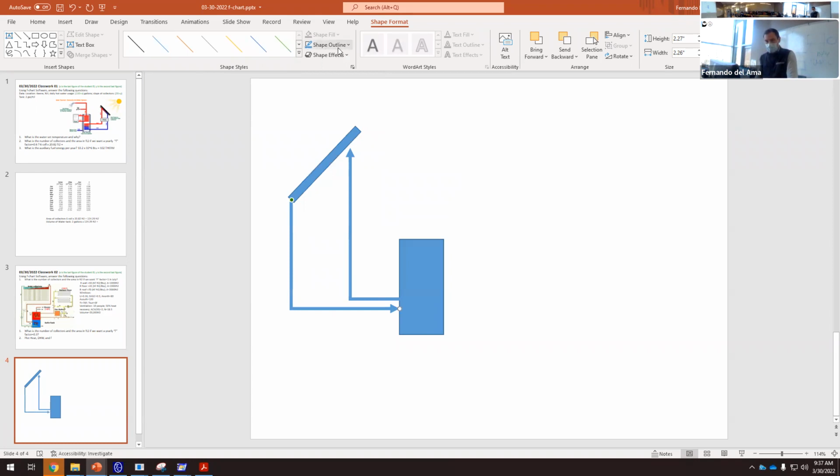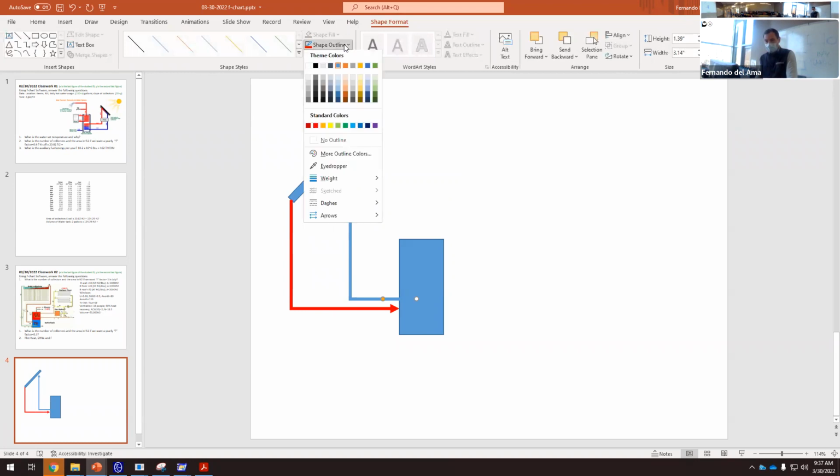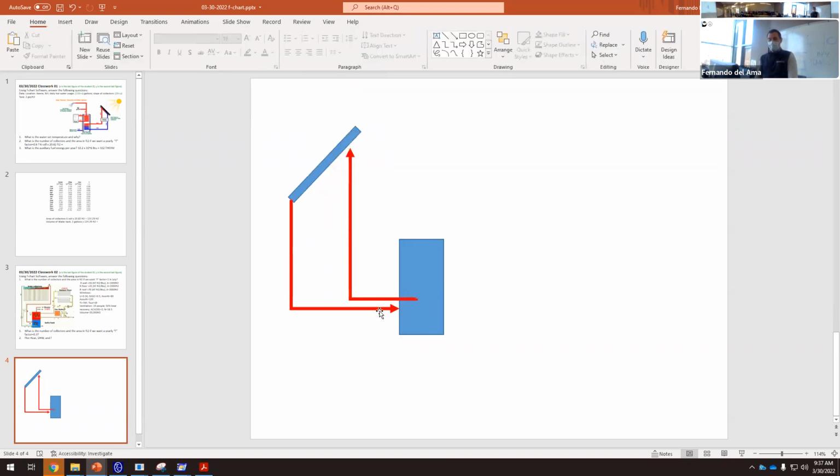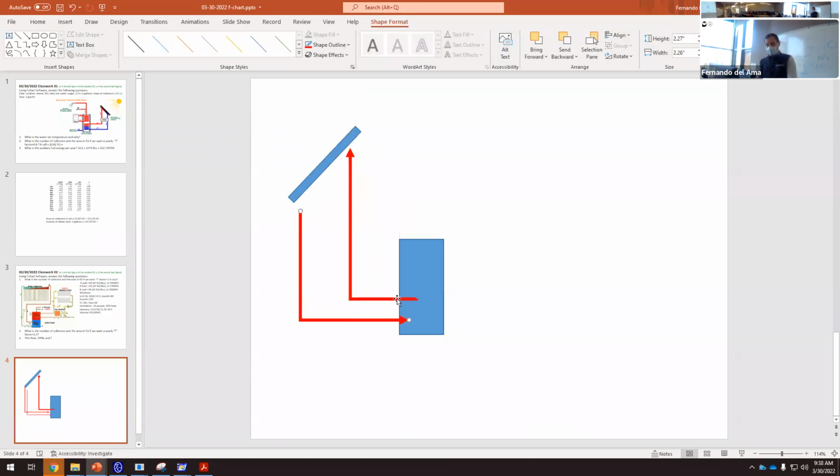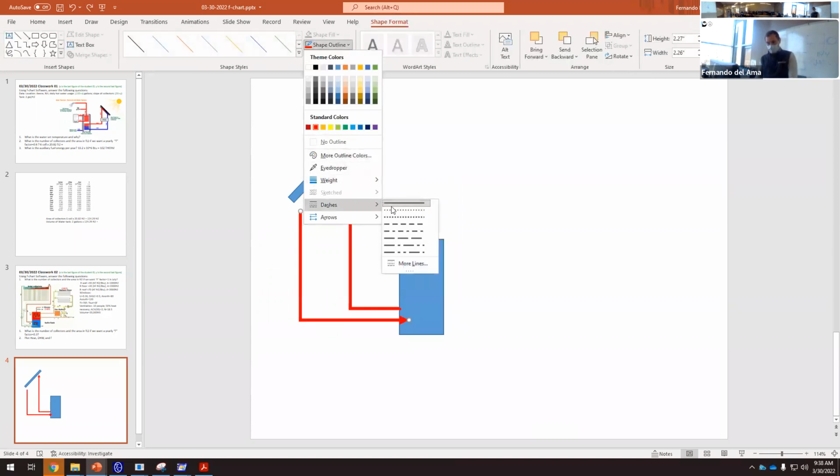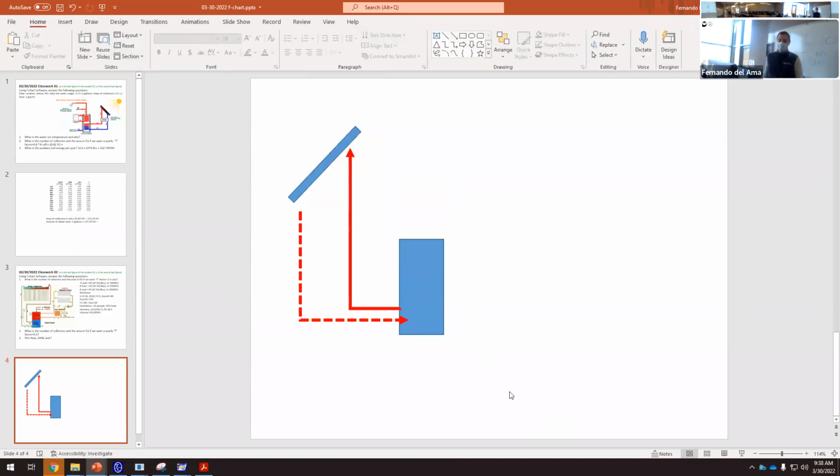If it's hot water, let's use a red color. And if we have supply and return, or inlet and outlet, we can use the dashed line for this one.